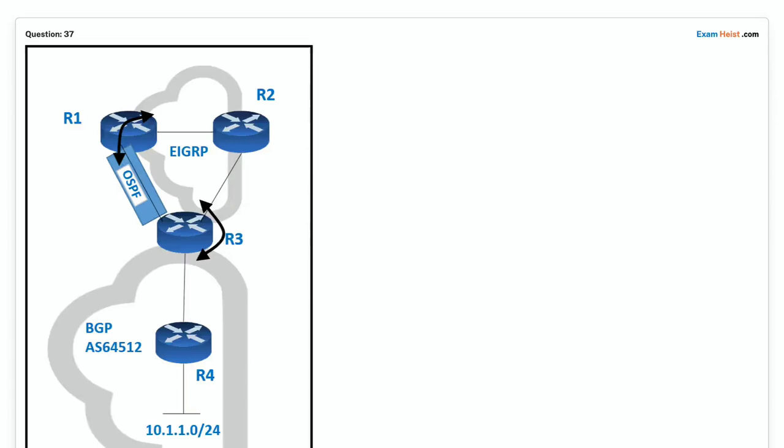Option D. The issue with using iBGP must be fixed by running eBGP between R3 and R4. Choose the correct answer. Correct answer is option B. The routing loop must be fixed by reducing the admin distance of iBGP from 200 to 100 on R3.